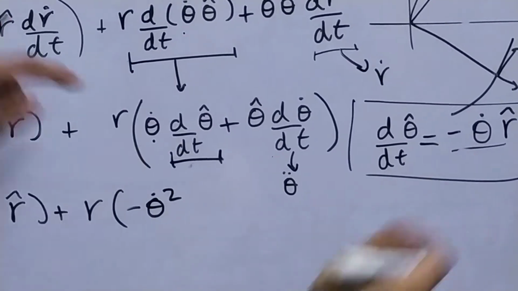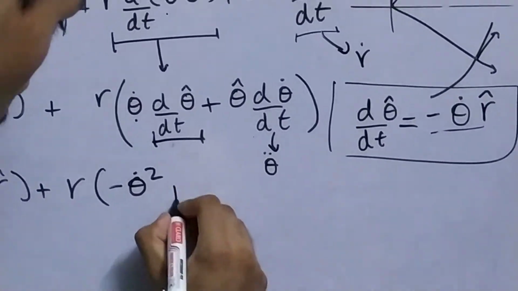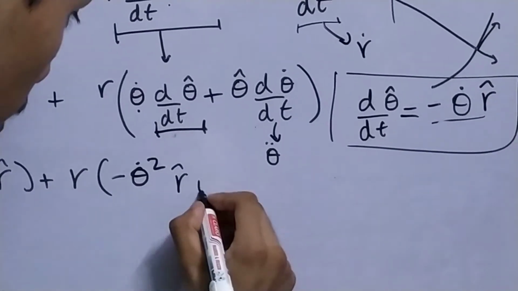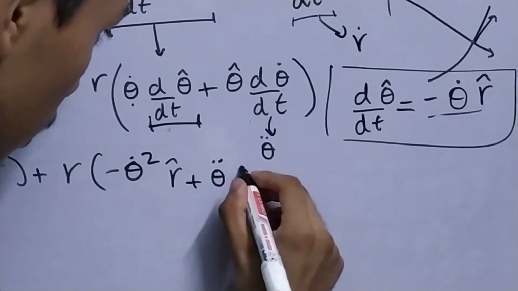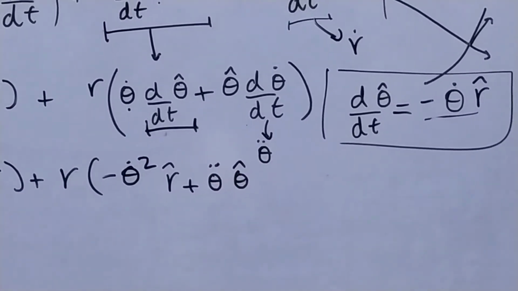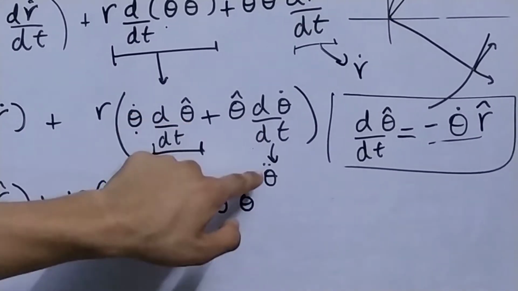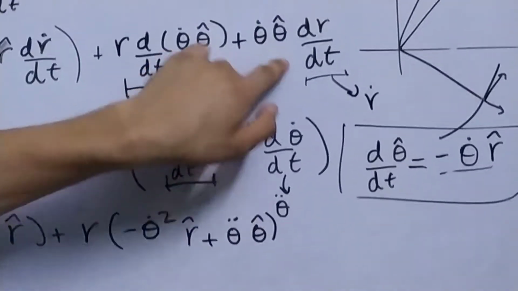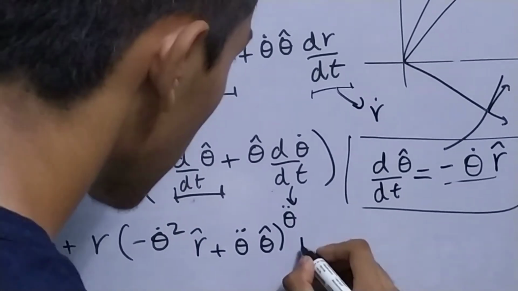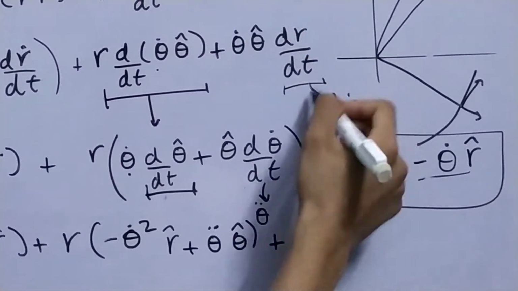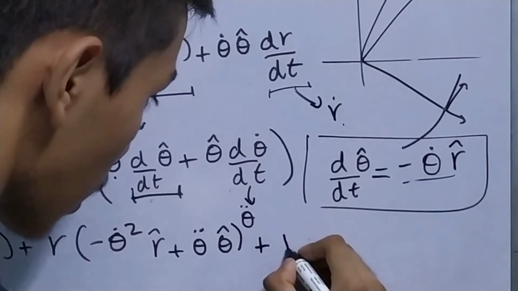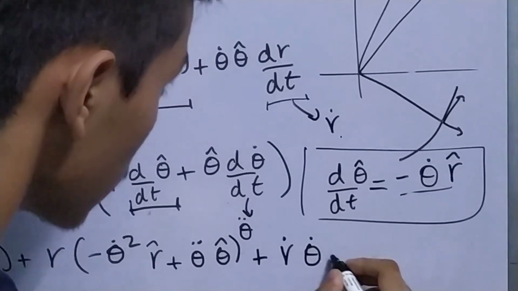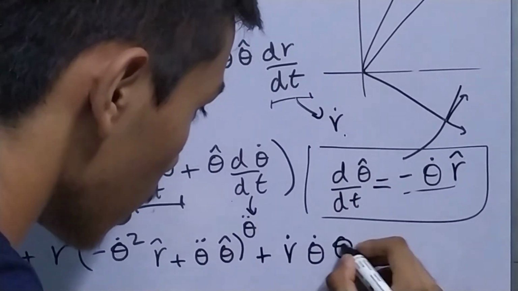So theta dot times theta dot in r cap plus theta double dot theta cap, okay. This is written as theta double dot bracket close plus this expression plus dr by dt is written as r dot, so r dot theta cap.